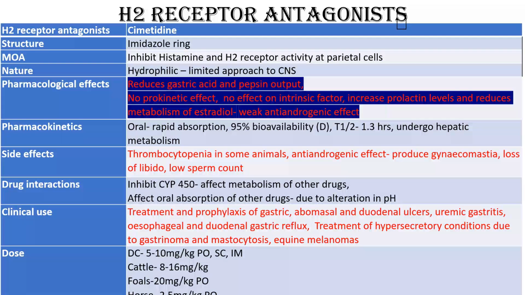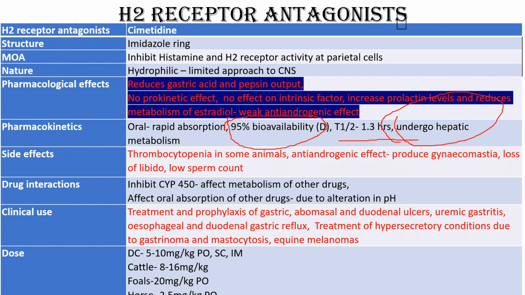Pharmacokinetic properties: in simple-stomached animals or humans, it can be given by the oral route. Orally, it shows rapid absorption and around 95% bioavailability in dogs. The half-life of cimetidine is around 1.3 hours, and it undergoes hepatic metabolism.